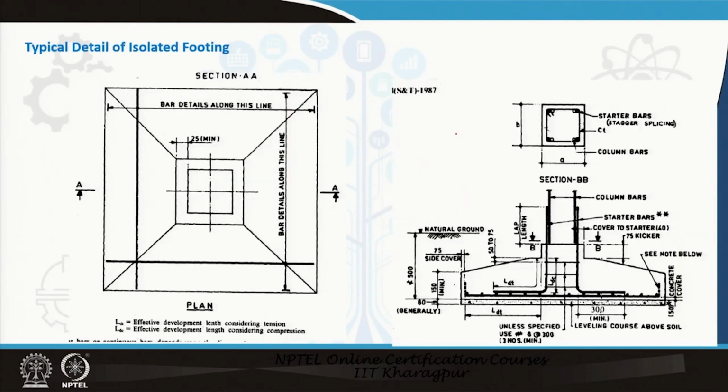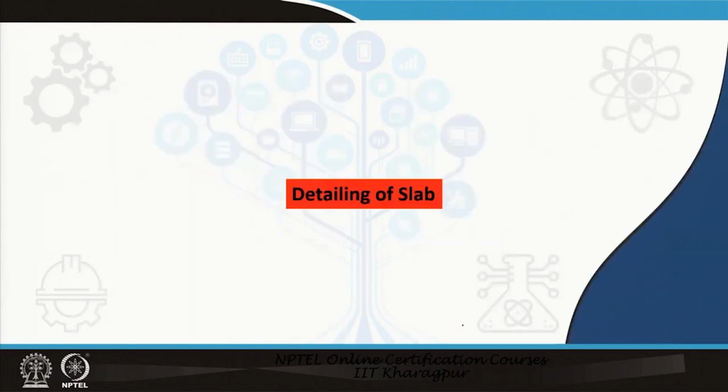For the foundation, the clear cover is 50 and the side cover is 75 or so. Then there is the development length, and the column reinforcement that goes 300 like that. Those are also given, and the slab reinforcement also.